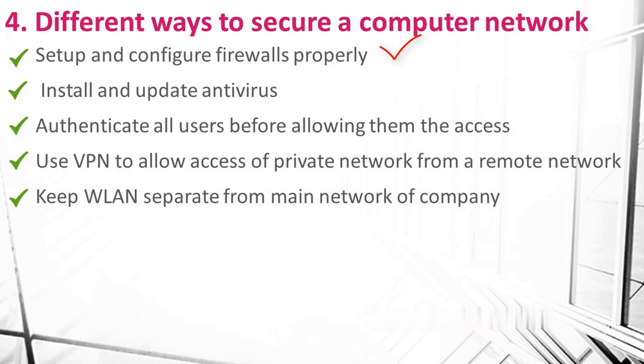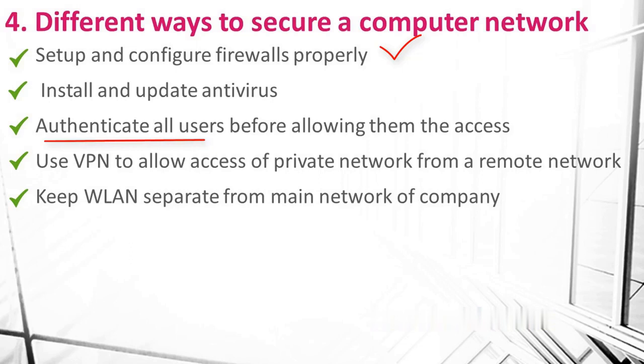Then install a reliable antivirus program on all the computers and make sure that it is updated. In fact, this also applies to all other programs and applications that are used on your network. Then it is also very important that you authenticate all the users before you allow them an access to your network.